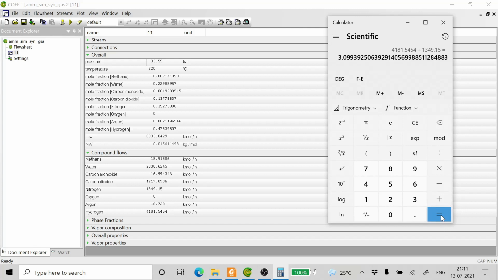And there we are. The ratio of nitrogen to hydrogen is 1:3. The hydrogen is very slightly in excess, and that's required.